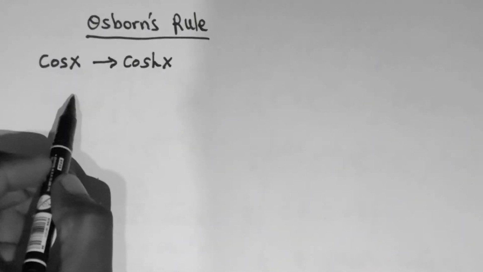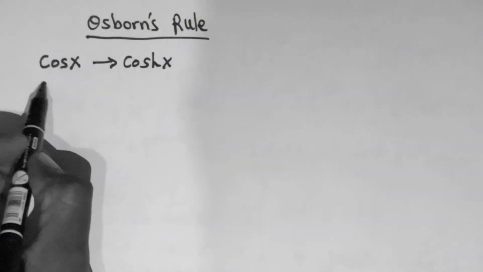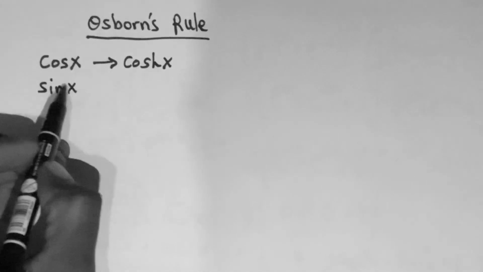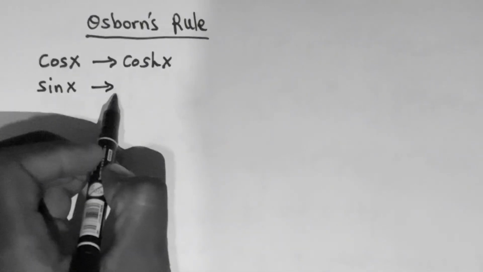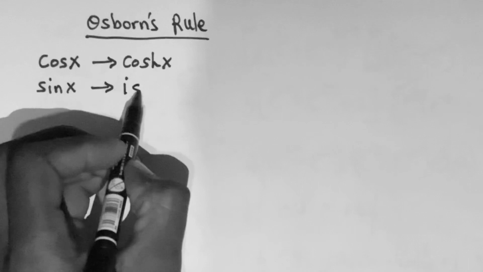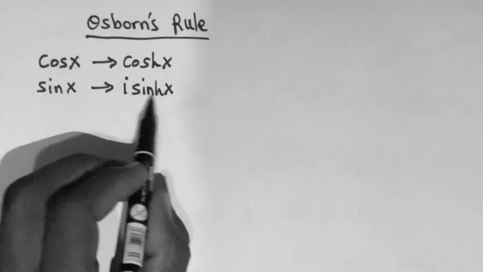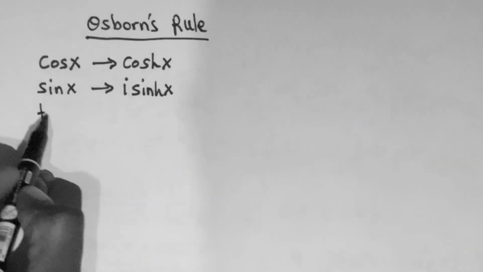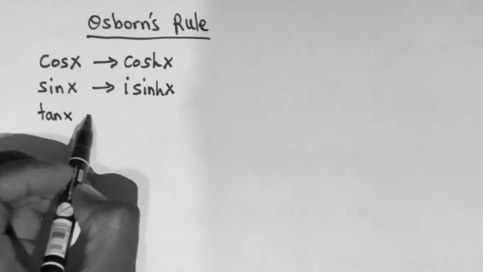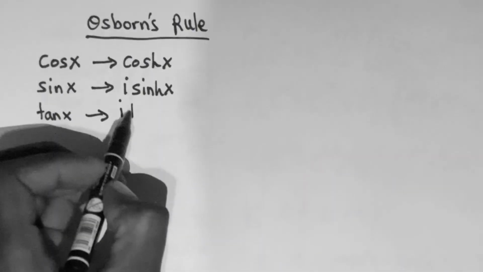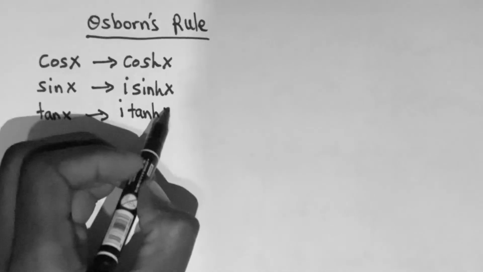With sine x, you replace sine x with i, then the hyperbolic sine function, so i sinh x, and with tan x, you replace tan x with i, then hyperbolic tan x.